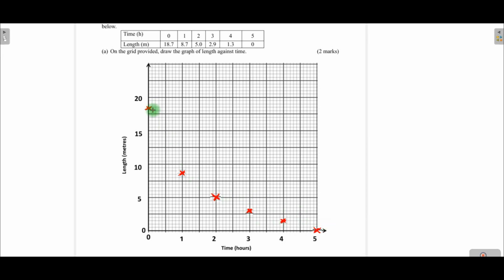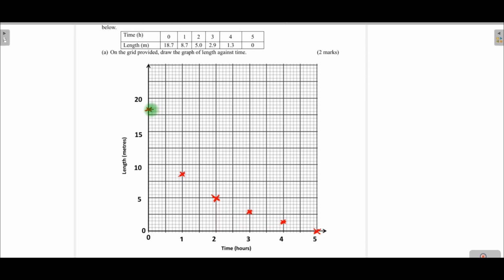It has a trend of a curve, and therefore we are going to join the points using a free hand. So that is the curve.